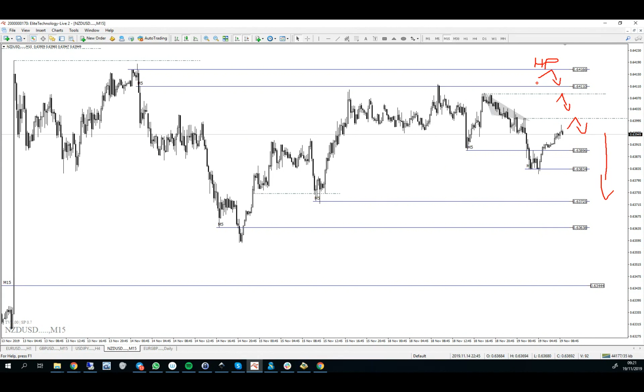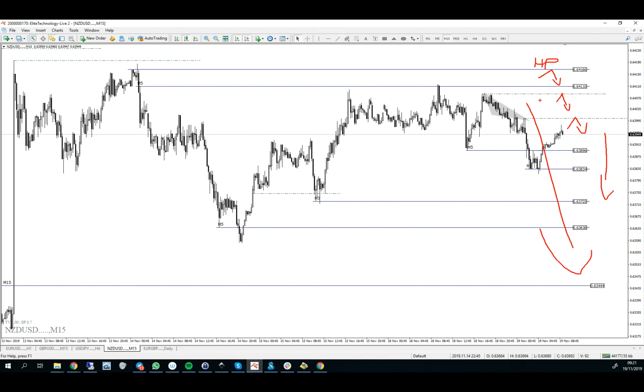It's not necessarily that price will get there, but if we are patient enough and we want to take only very high accuracy trades, 64.16 would be that level. Price may not reach there, so we can miss the whole move.